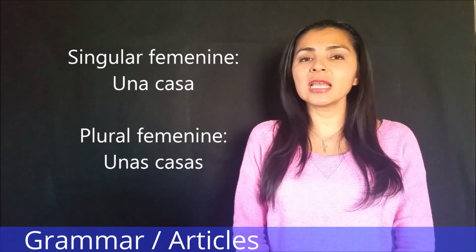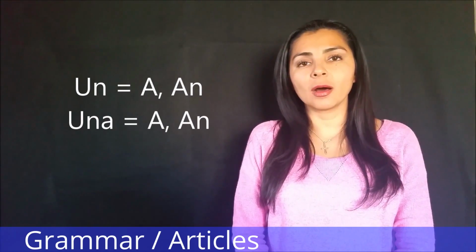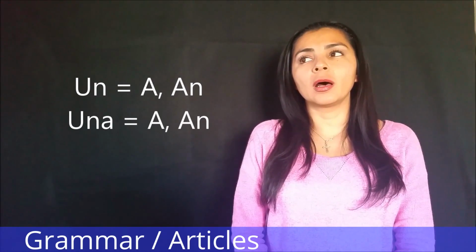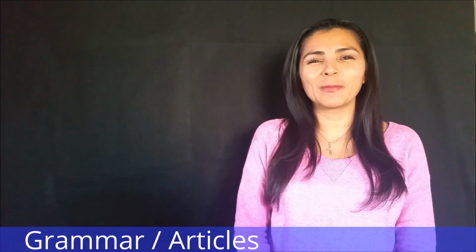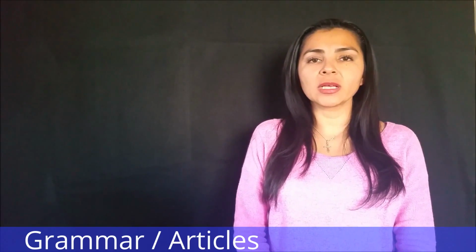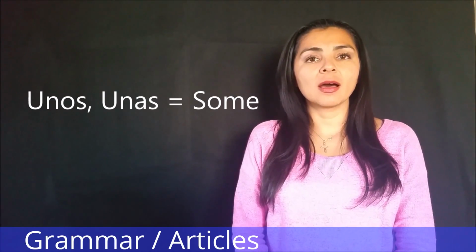Okay? Now, the translation for un and una will be like a or an, a house, or an helicopter. You know, if the next word begins with a vowel, it will be an. But how do you translate unos or unas? It could be translated as some. For example, a house and some houses.